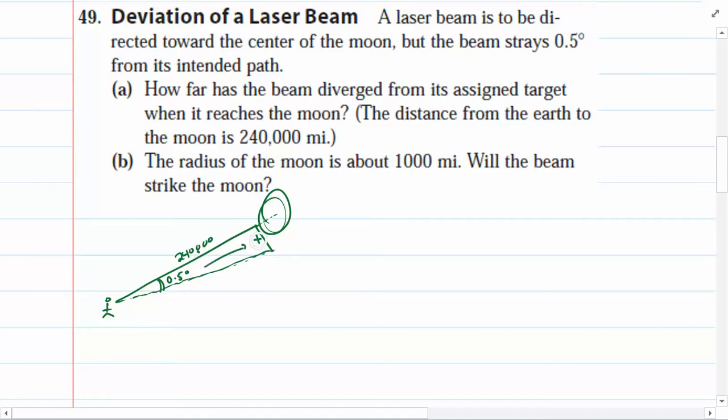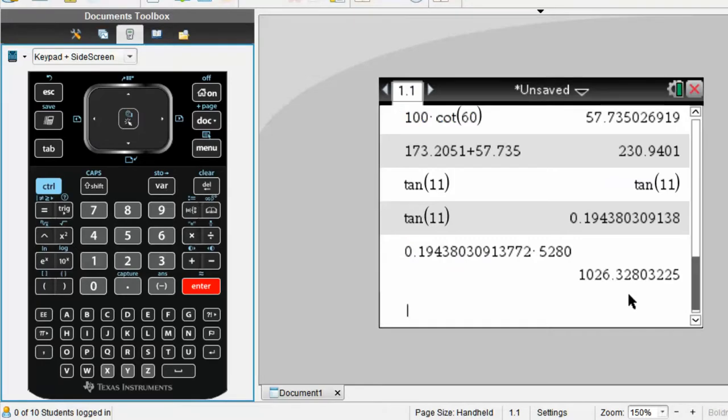Now that dimension is an opposite side, and we have an adjacent side here, which means we should probably use the tangent rule. If I have tangent of 0.5 degrees, that would be equal to the opposite side, x, divided by 240,000. So x by itself is 240,000 times tangent of 0.5. Therefore, x would be equal to the result of that calculation.